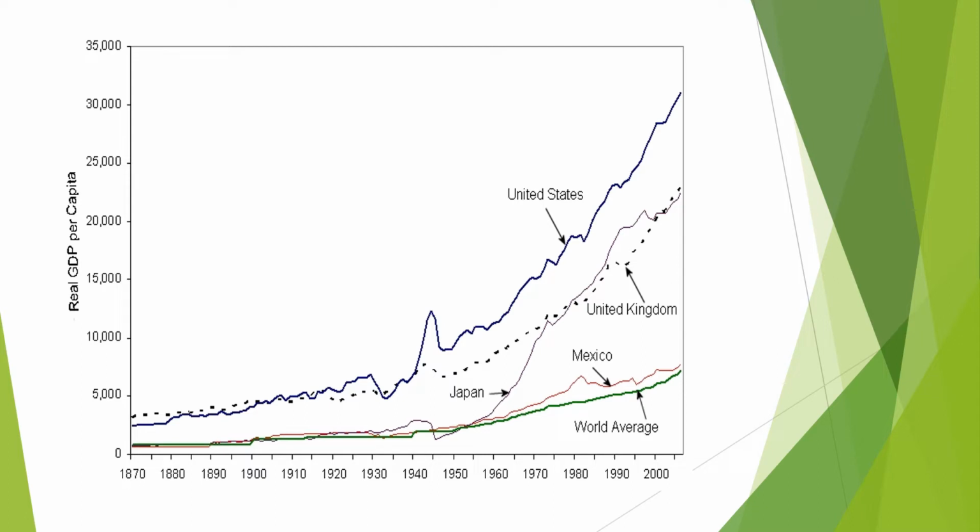You can also see the United Kingdom. In the beginning of this chart, 1870, you can tell that the United Kingdom has a higher GDP per capita. You all know that GDP is income, GDI is income. So it means that their income per person is higher than the United States.